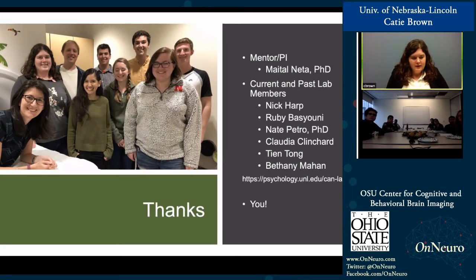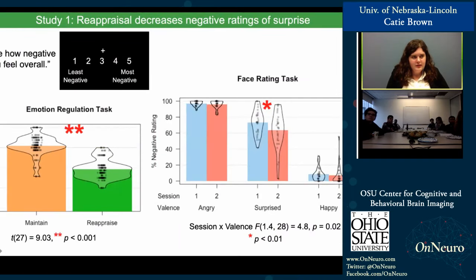Yeah, definitely. Good question. With the individual data points, it would be nice to look at a change score and see the individual points for a change score, and unfortunately, I don't have that in a visual. But you can see that for some people during the maintain task, they still didn't feel that negative.